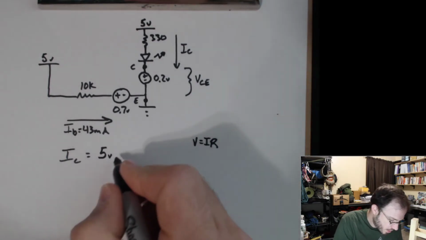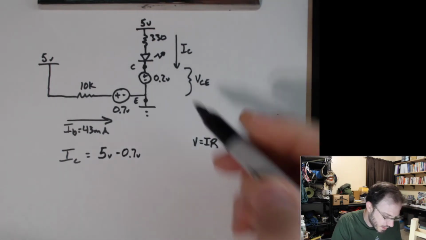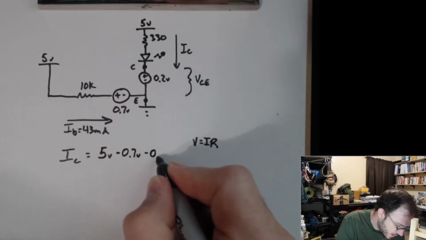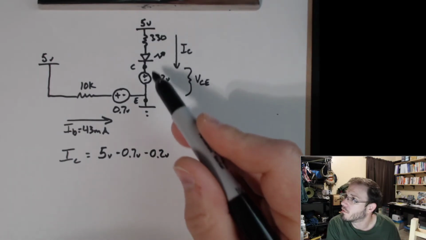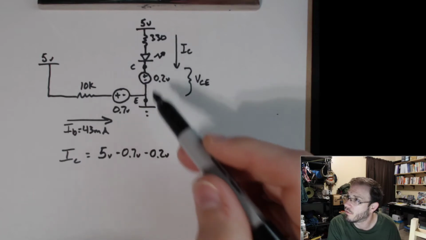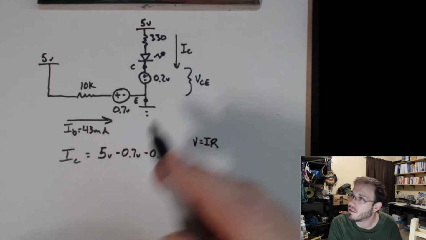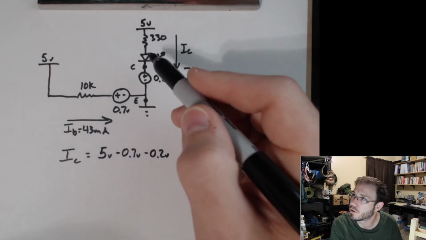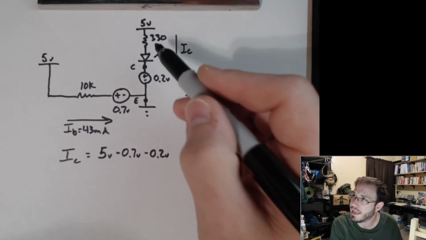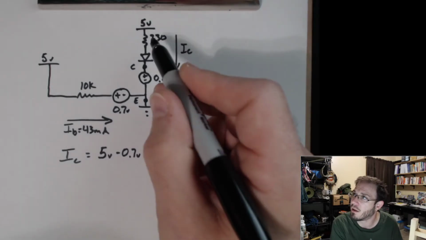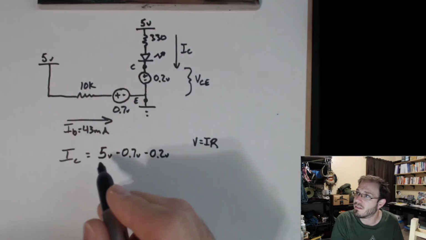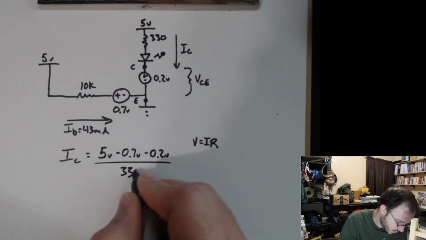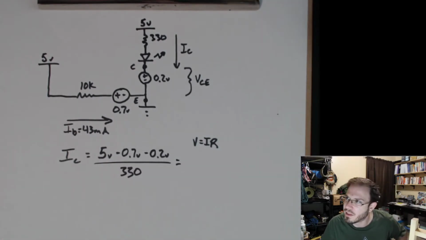So we can do 5 volts minus 0.7 volts, a fixed voltage drop across this diode, minus 0.2 volts from the voltage drop across the collector emitter of our transistor. And now we can divide this voltage drop, because this is the voltage drop across the 330 ohms, right? All of these other voltage drops have been accounted for, so I just used KVL to find out the voltage drop across the resistor, divide that by the resistance, and we have the collector current.